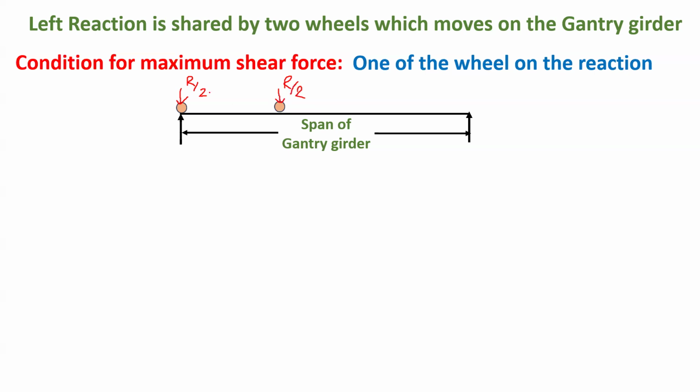And we know we have this distance. This is the wheel base, which I will mention as WHL. And then knowing this wheelbase, knowing this gantry girder, we can find the reaction, that is the left reaction, which we will mention as RSA.